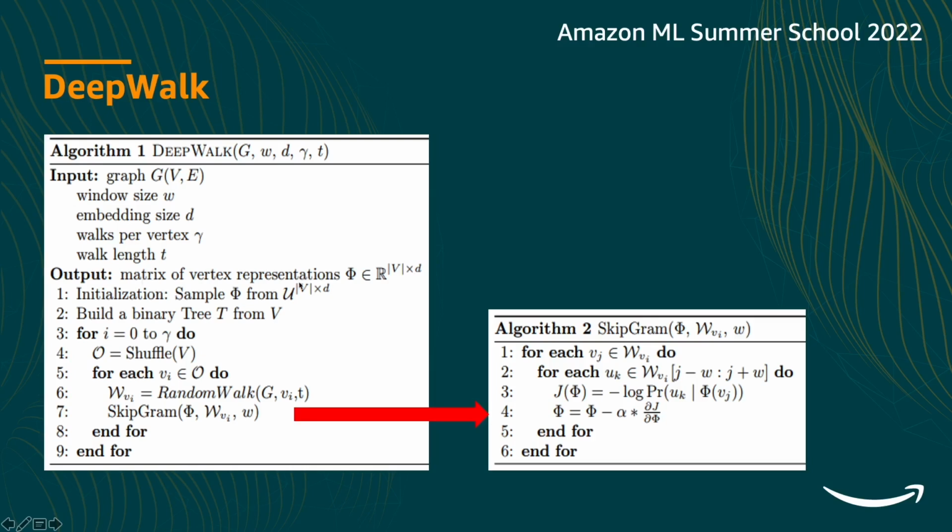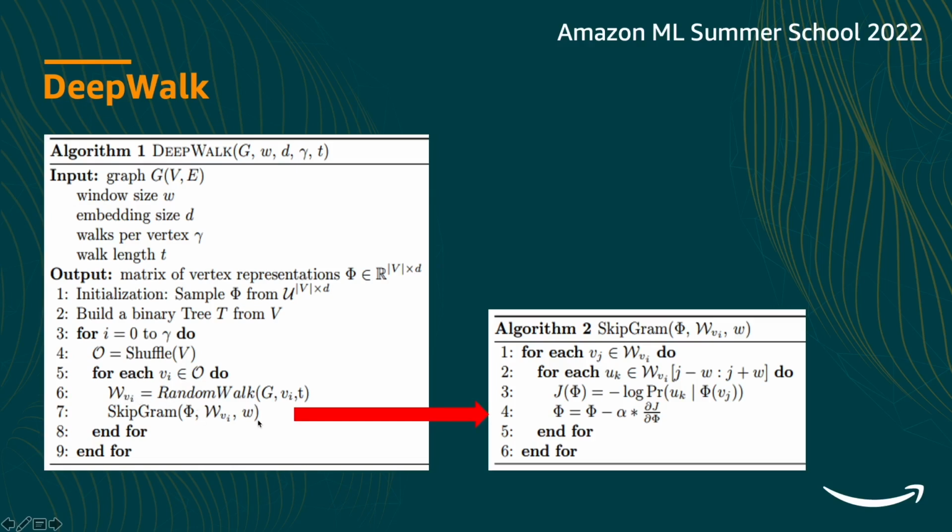First we initialize our embedding matrix. Then we build a binary tree using the set of vertices in our graph. Then for this gamma number of epochs, we first shuffle all the vertices. For each vertex in this shuffled list, we generate a random walk, basically a list of nodes.